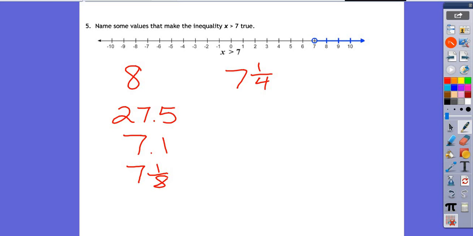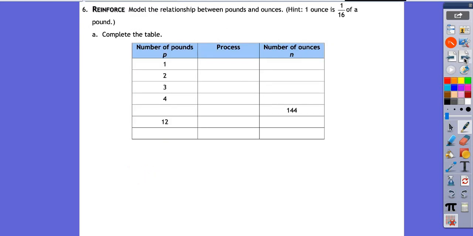Okay, number 6 is homework, but I'm going to set it up and get it started for you. Number 6 says model the relationship between pounds and ounces. Hint, 1 ounce is 1/16 of a pound. Or I could say 1 pound equals how many ounces? 16 ounces.